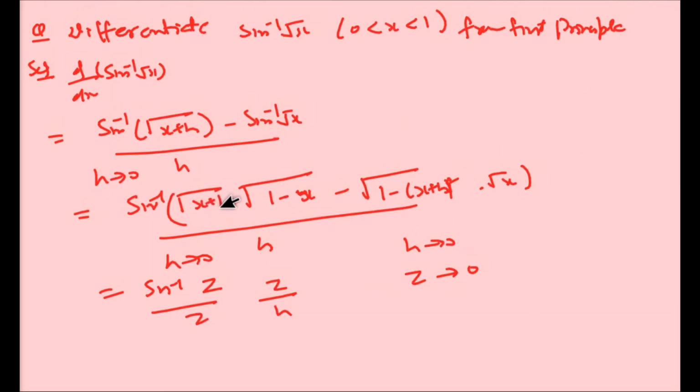Putting h as 0 here, root x root (1 minus x) minus root (1 minus x) root x will be cancelled out. So when h tends towards 0, z tends towards 0, and we can say sine inverse z upon z is equal to 1. Then we have z upon h, h tends towards 0.